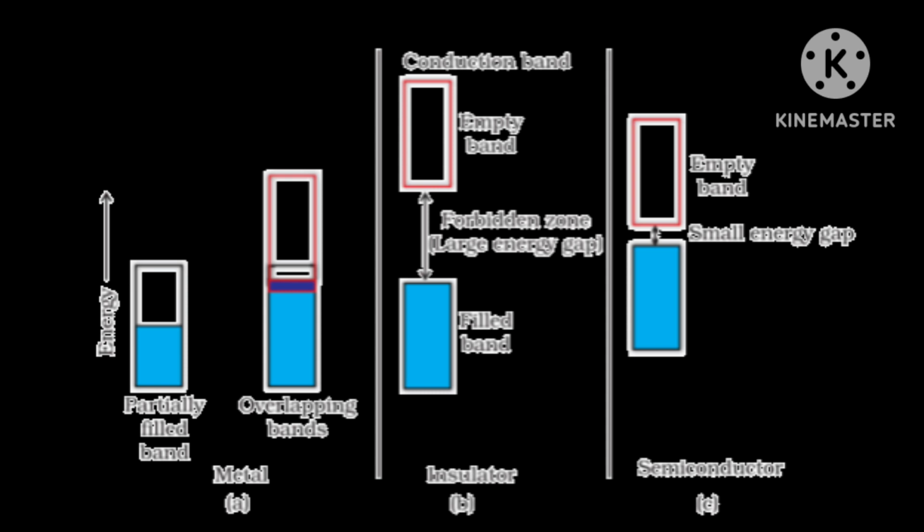Many atomic orbitals form molecular orbitals because their energy levels are very close, and that is called a band.